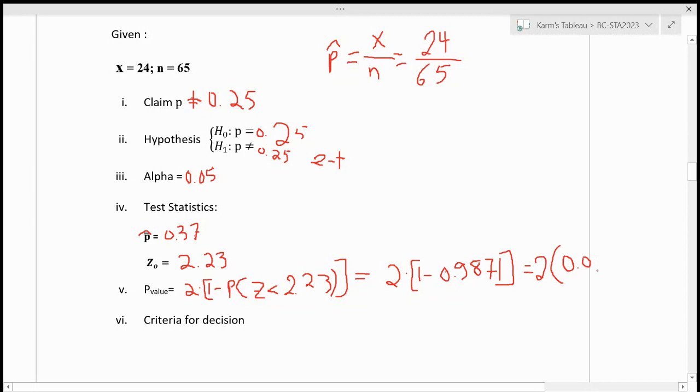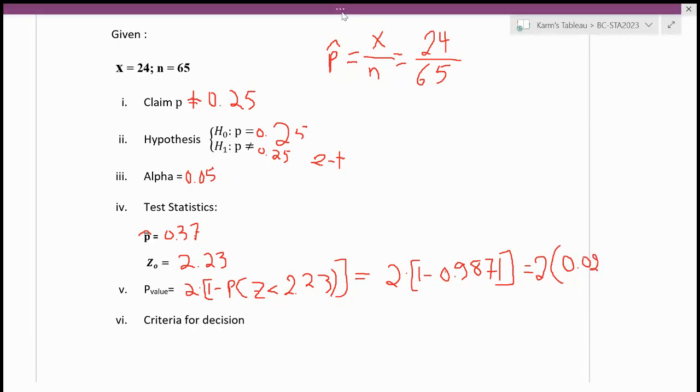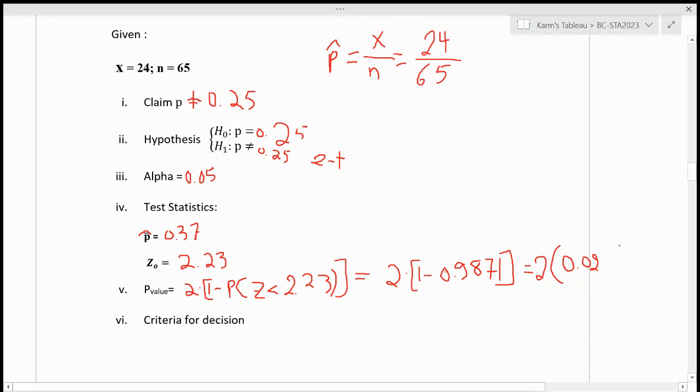I think that's the final answer, right? Okay, so after doing the final answer, that's going to give you 0.0258. That'll be your final answer.